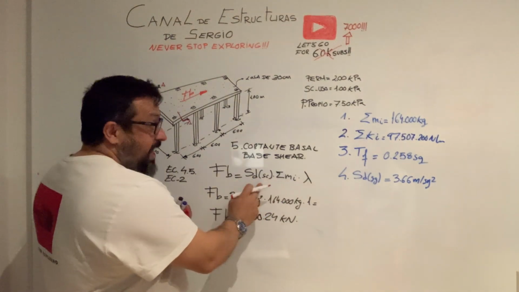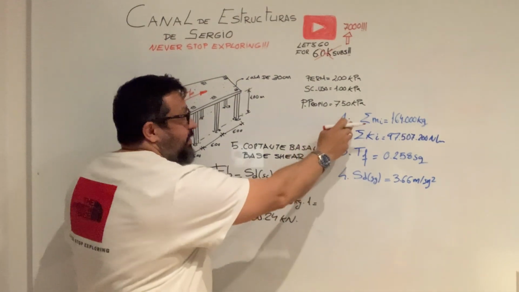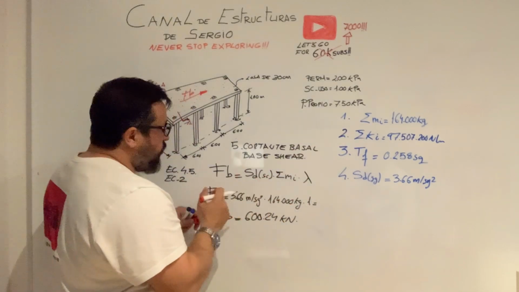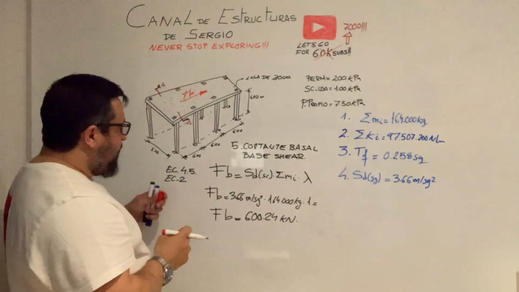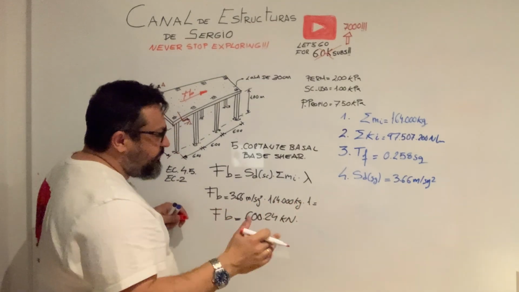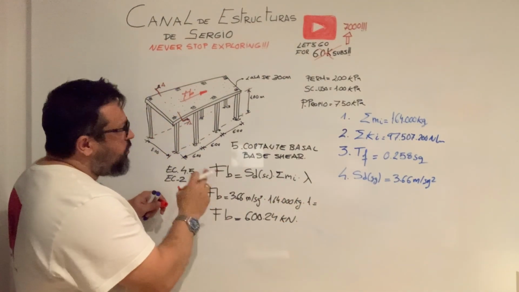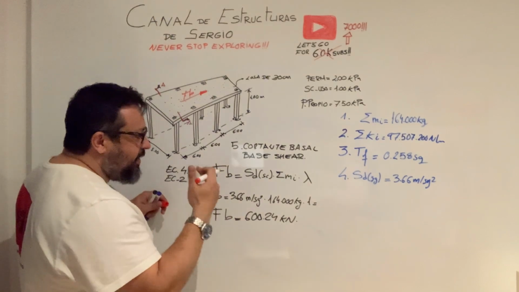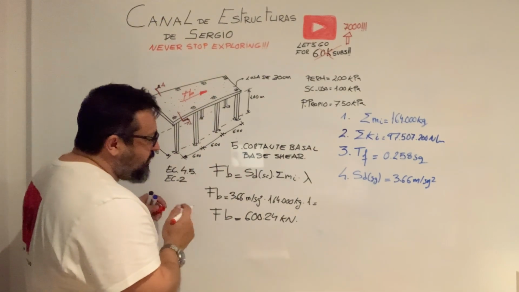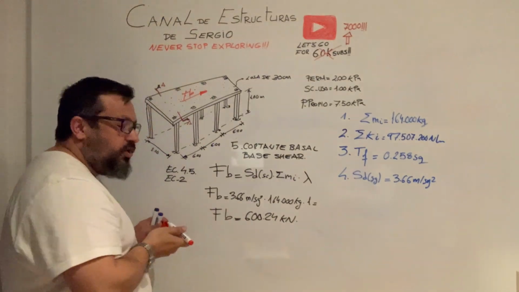We have to multiply the acceleration by the summation of masses, and there is also a factor lambda defined in the Eurocode. We are going to assume, from a conservative point of view, the value of 1. So the base shear due to the seismic action in this location in Switzerland is equal to 600.24 kilonewtons.